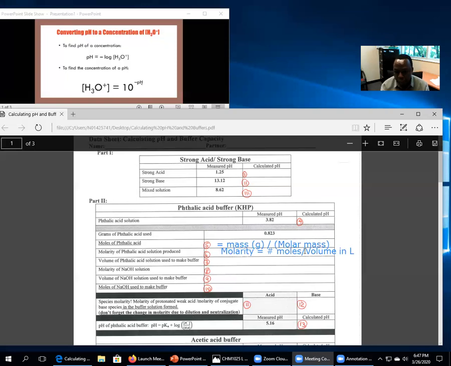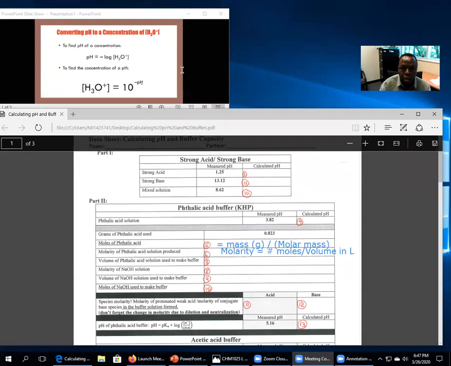So if we have 40 ml, we will add 20 ml of 0.100 molar NaOH, so that the strong base being added here will convert some of the moles of the weak acid into weak conjugate base in order to end up with a buffer solution.